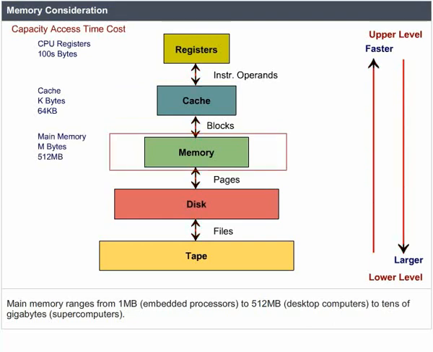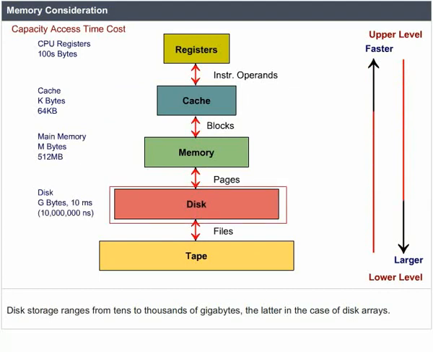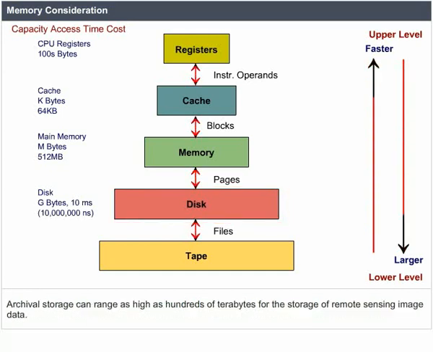Main memory ranges from 1 megabyte embedded processors to 512 megabyte desktop computers to tens of gigabytes supercomputers. Disk storage ranges from tens to thousands of gigabytes, the latter in the case of disk arrays. Archival storage can range as high as hundreds of terabytes for the storage of remote sensing image data.